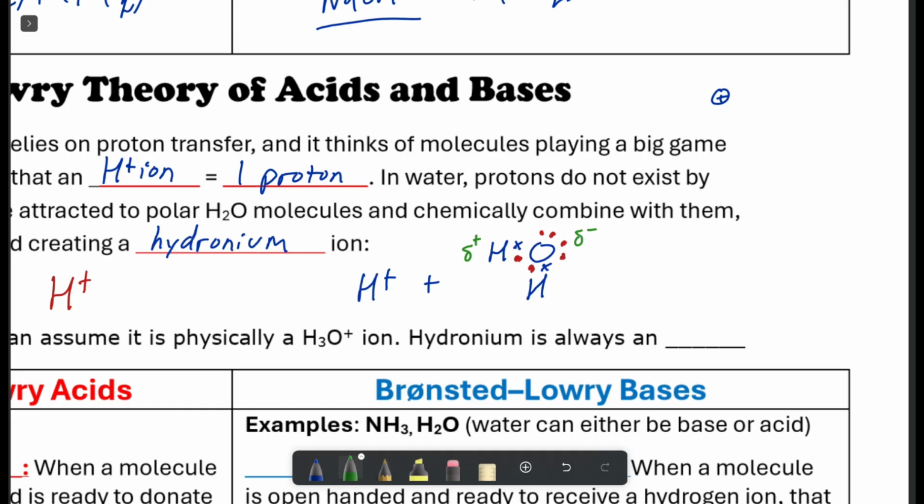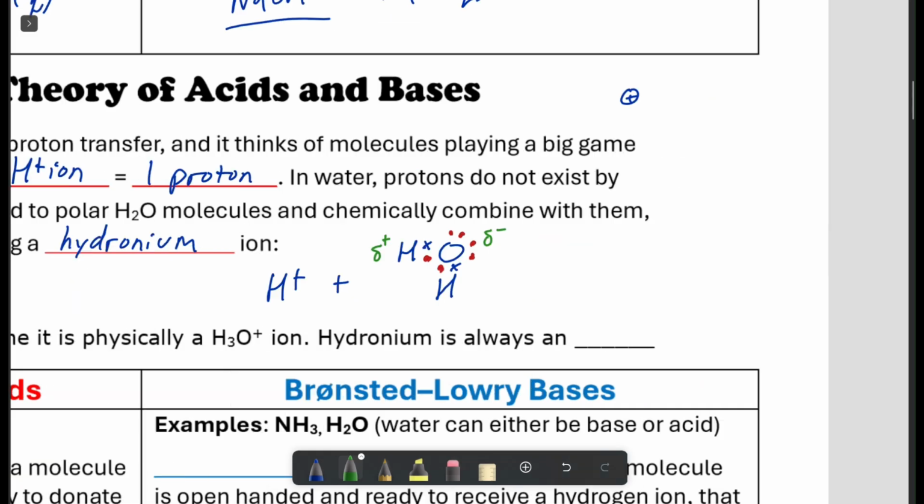Remember how I talked about bonds being like handshakes? The proton is shaking hands with the water, except the proton doesn't have any hands to begin with. So he just kind of... I'll shake your elbow is kind of what he's saying. Yes.